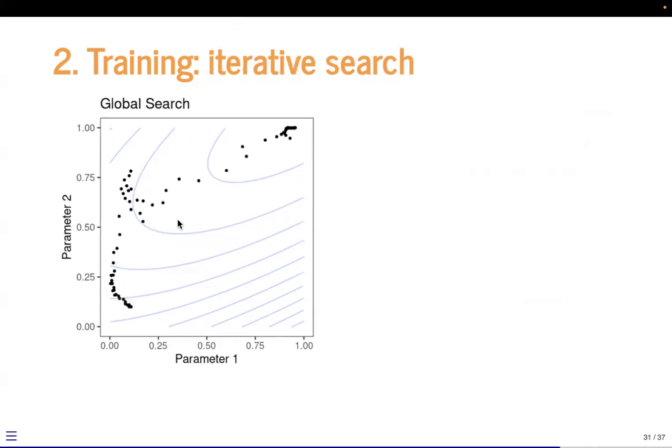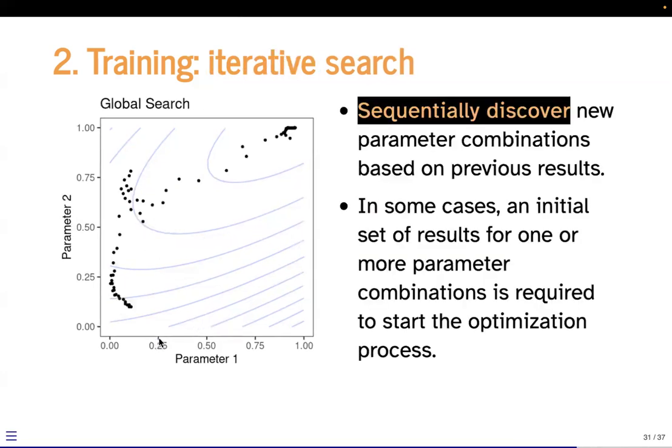But on the iterative search, you provide some starting points across this bivariate distribution of both parameters, and the algorithm itself finds the way to the best values, which again are on the top right of this example. Notice how the iterative search did not explore this part at all.